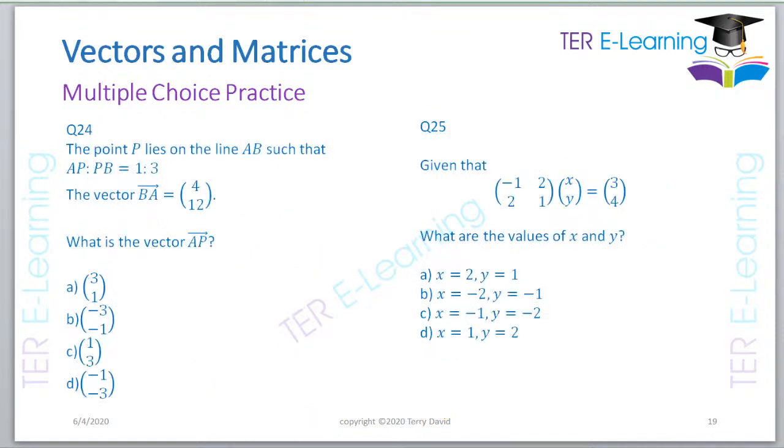So we just have 2 more questions here to do. So question 24, we have the point P lies on the line AB such that AP, so I've given you a ratio here, right? What is the vector AP? So question 24, this one is a little tricky, so be careful, alright?